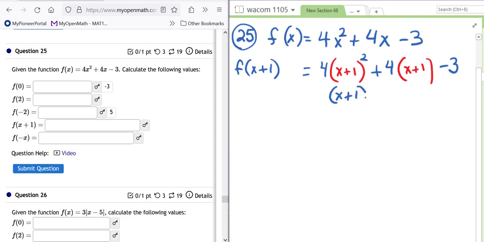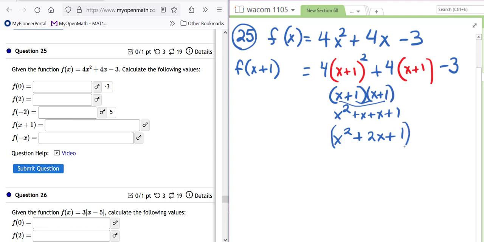So we have x plus 1 times x plus 1, and FOIL is multiplying your first terms, so we're going to have x squared, outside plus x, inside plus x, and last. All right, so I have x squared plus, this is 1x plus 1x is 2x, plus 1. All right, I finished the exponent.